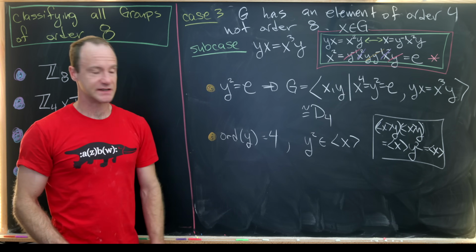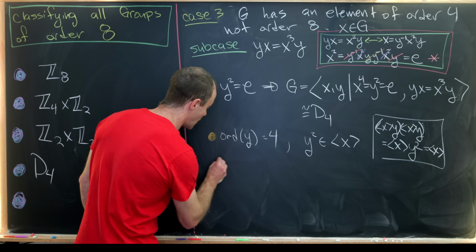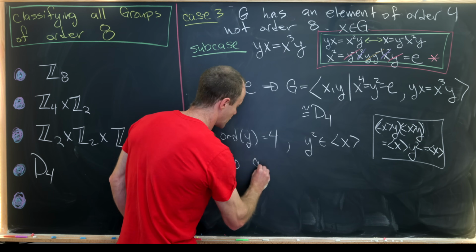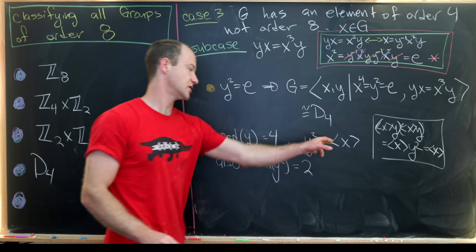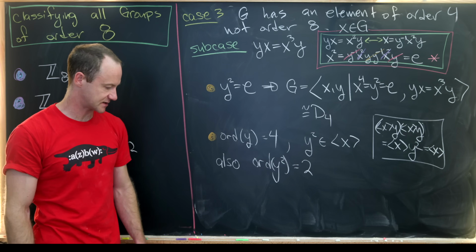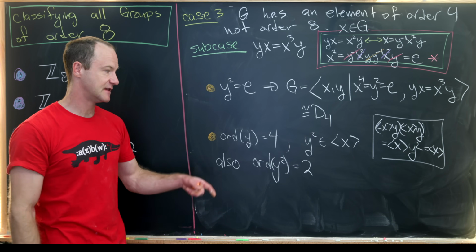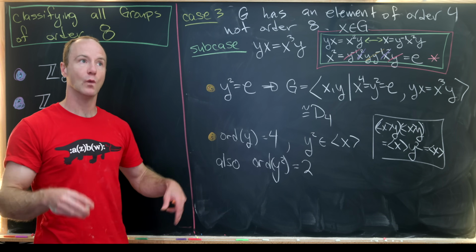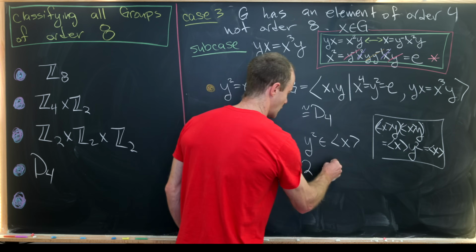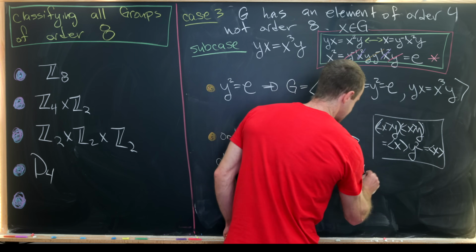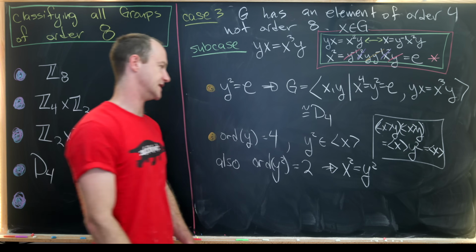But that means that y squared is in there. But then also, the order of y squared equals 2. So we're looking for something inside of the cyclic subgroup generated by x that has order 2, but there's only one thing within that cyclic subgroup that has order 2, and that's x squared. So that tells us x squared is equal to y squared.